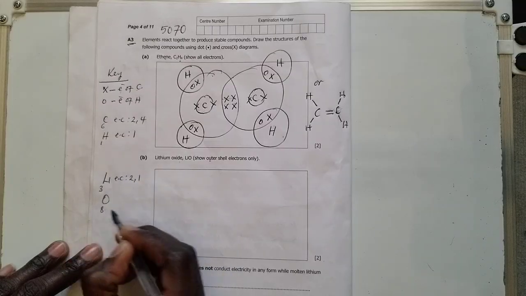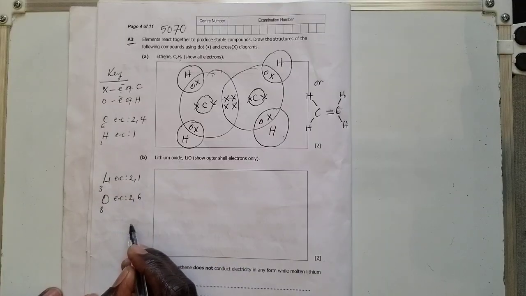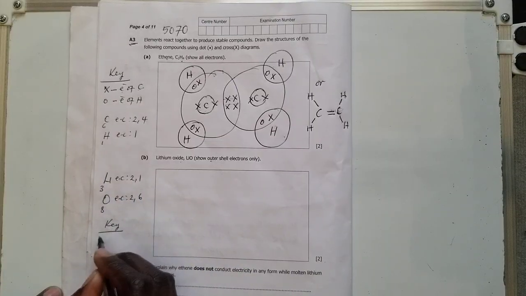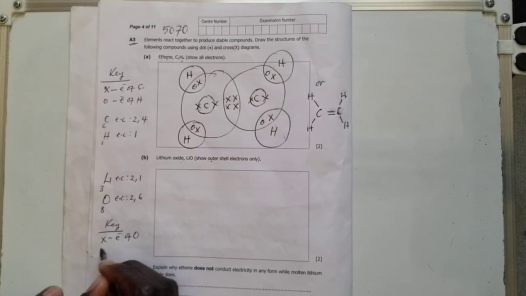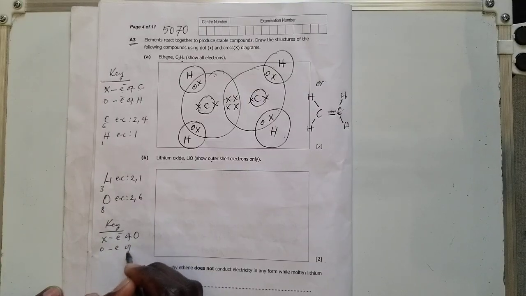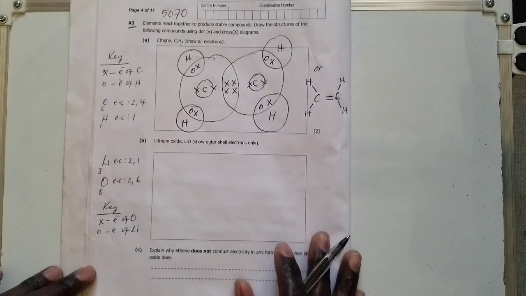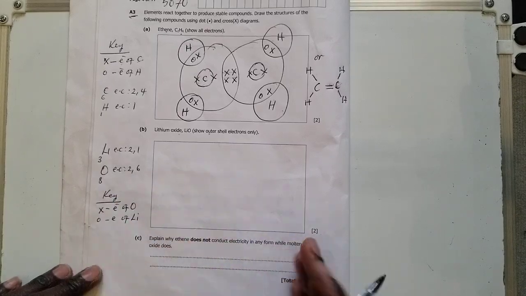Then oxygen has proton number 8, so the electronic configuration will be 2, 6. And we need to put up a key. Let me say the cross represents electrons of oxygen and the dot electrons of lithium. It's up to you to choose which one is workable for you. There are no rules as to what you do.